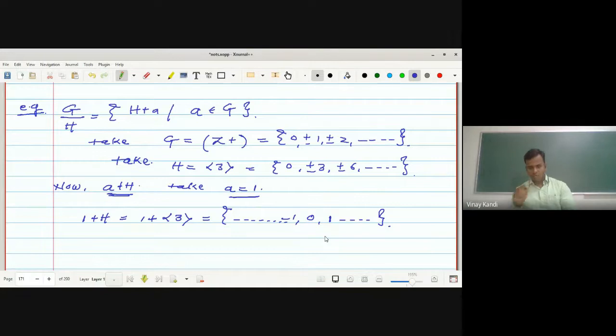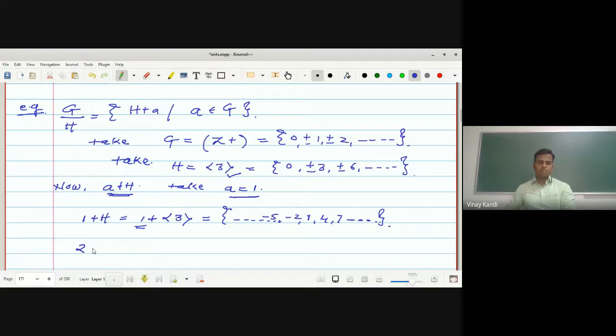Add 1 to each and every element of this set. 0 plus 1 gives 1, then 4, then 7, up to so on, and here minus 2, minus 5. Okay, so this is 1 plus h.